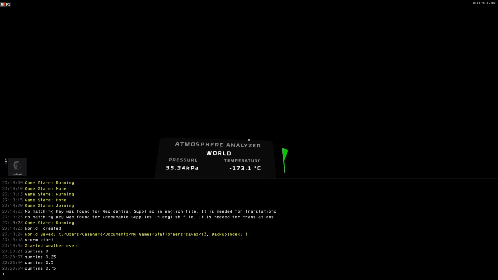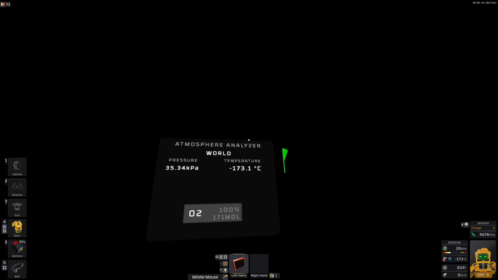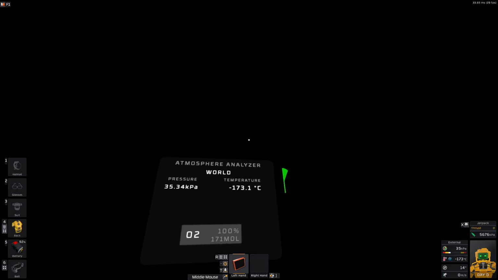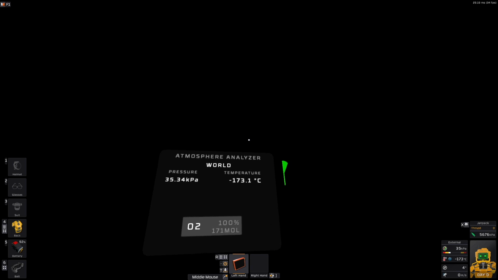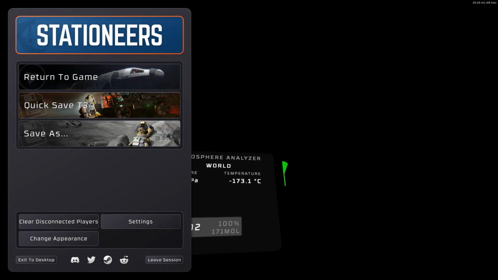So these are the three measure points I took, because on most planets they change the temperature. So now let's bring up my measurement here.